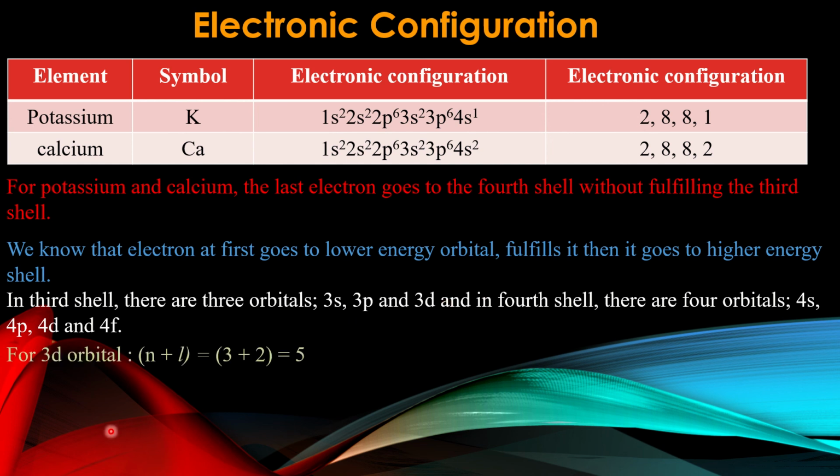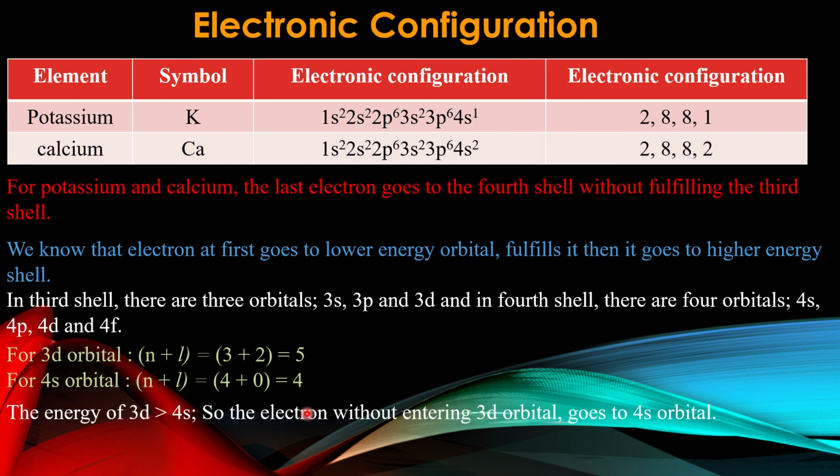How can you calculate this? By using the n plus l formula. The value of n plus l for 3d is 5, and the value of n plus l for 4s is 4. The value of n plus l of 3d is more than that of 4s. So the energy of 3d is more than the energy of 4s.